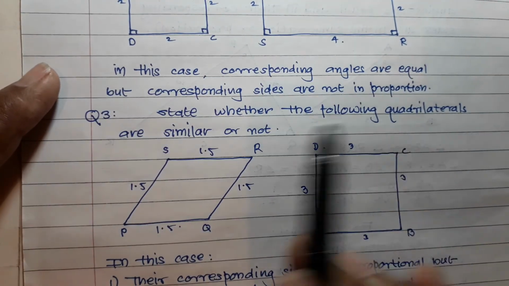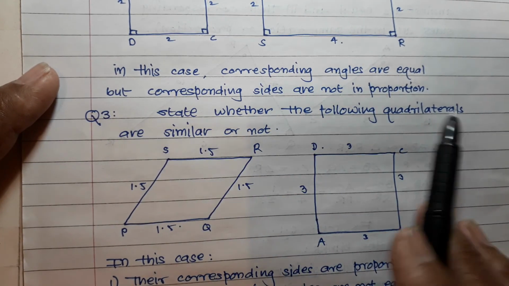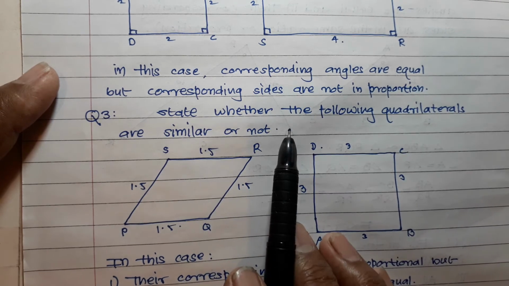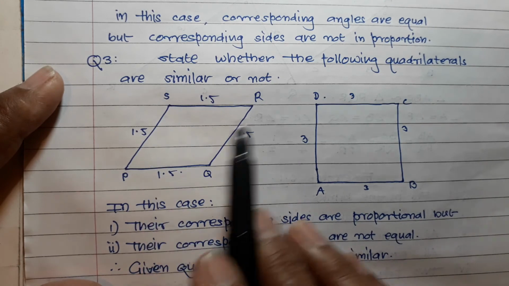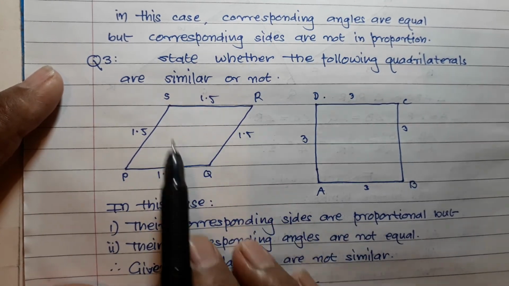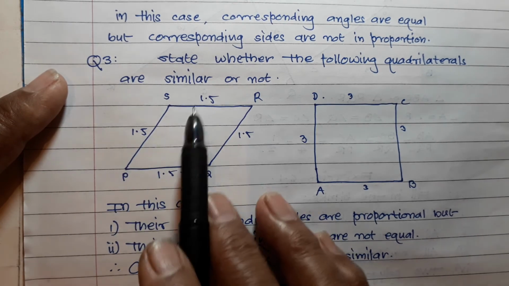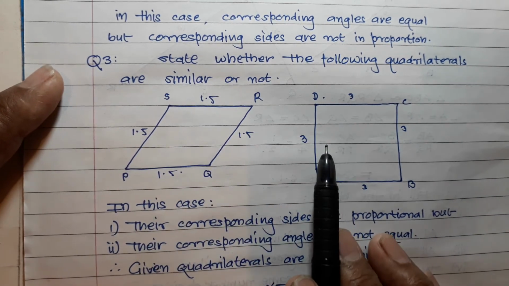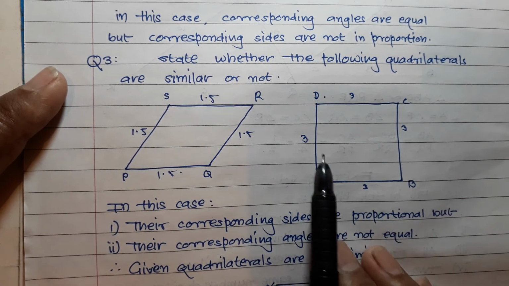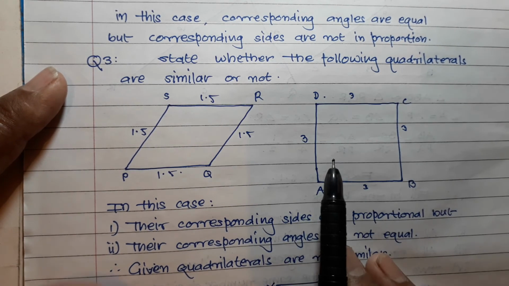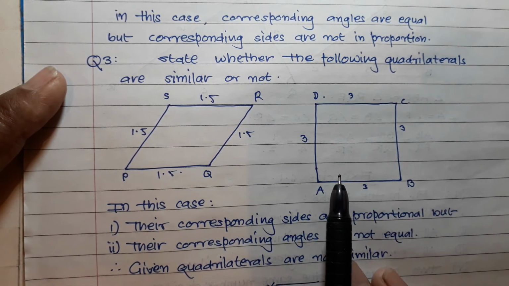Question number 3. State whether the following quadrilaterals are similar or not. Okay. Now here quadrilateral PQRS is given, which is a rhombus, all sides are equal, and this is a square given ABCD. So all sides are equal and all angles are equal, each is of 90 degrees.